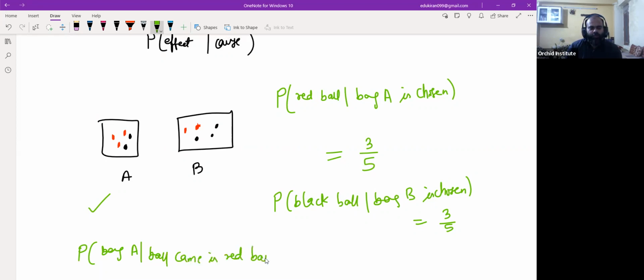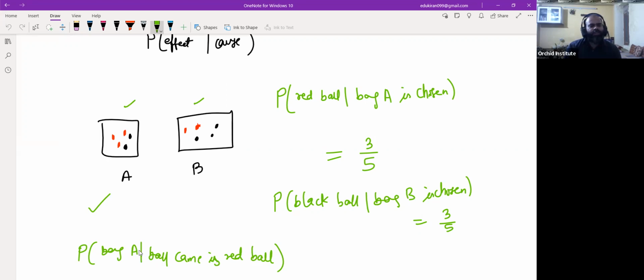A red ball can come from both the bags. So now they are asking, if the red ball has come, what is the probability that it has come from bag A? Can you find out?